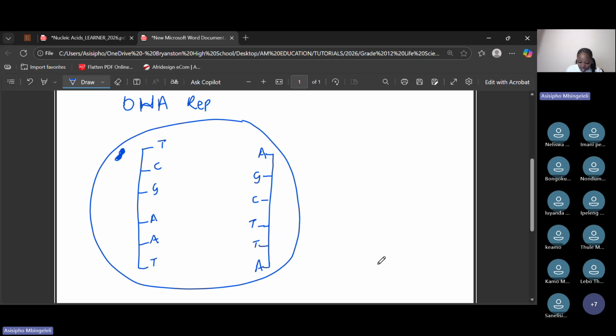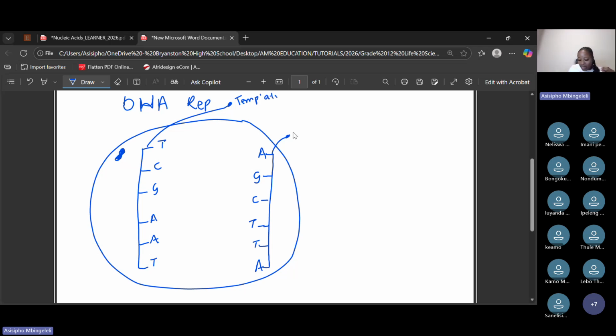That means these 2 strands, this strand over here and this strand over here, will be known as the template strands. We are going to use both of them. So I want you to also label these strands. This one will be the template strand, and this one will also be a template strand.